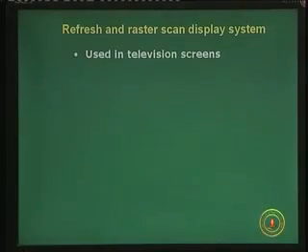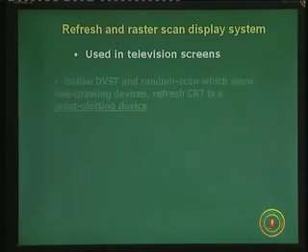The first point is that the refresh and raster scan display system is the most common standard used in modern display systems as well as in modern television screens. And how does it differ from the random scan display system?